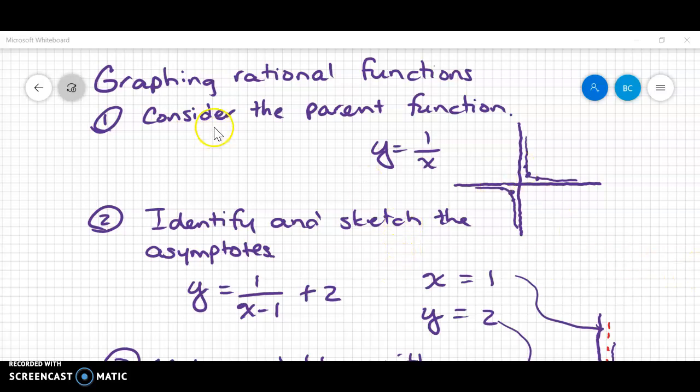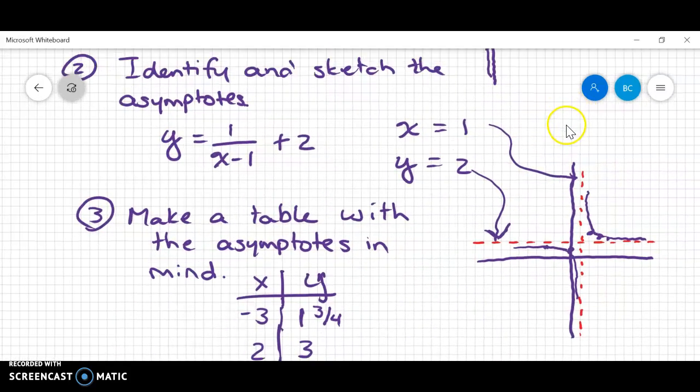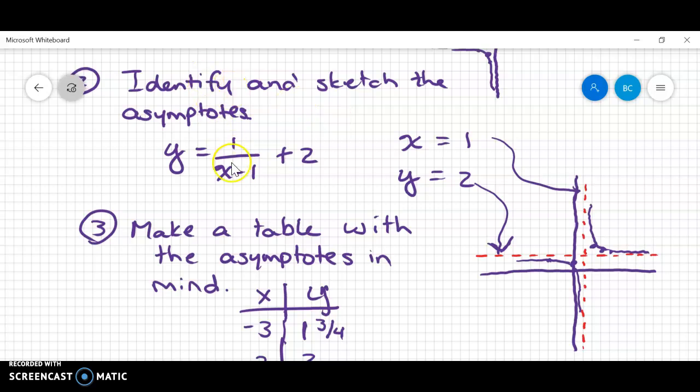So the first thing is to keep that shape in mind, and then I want to identify and sketch the asymptotes. So let's say, for example, that my equation is y equals 1 over x minus 1, plus 2. I'm going to identify the asymptote as x equals 1. So if x equals 1, this equals 0.